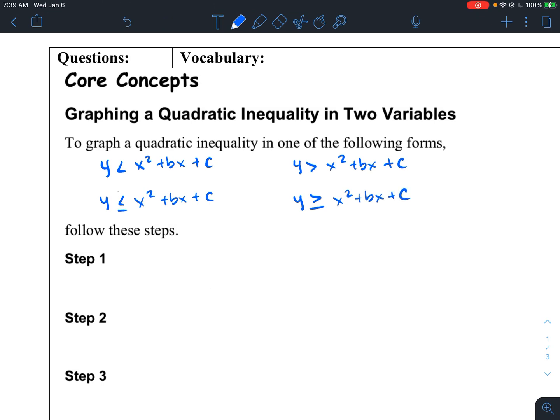So these are obviously quadratics, but they are inequalities now because of these less than or greater than or equal to signs. That's what makes them inequalities.